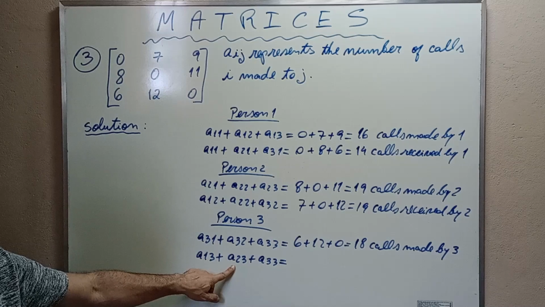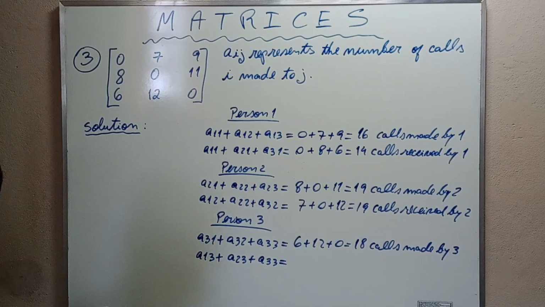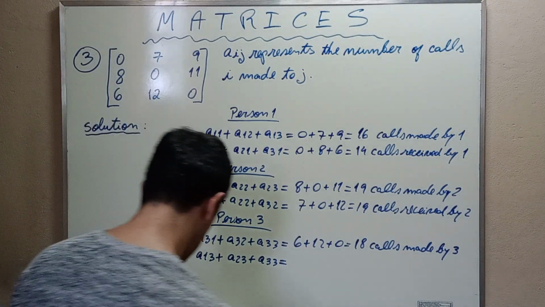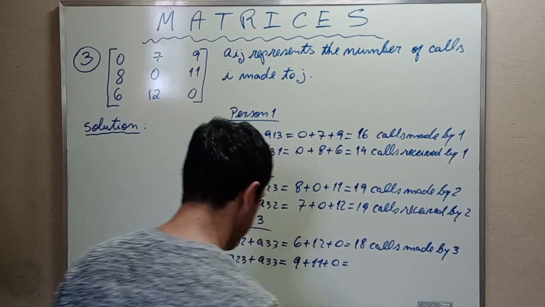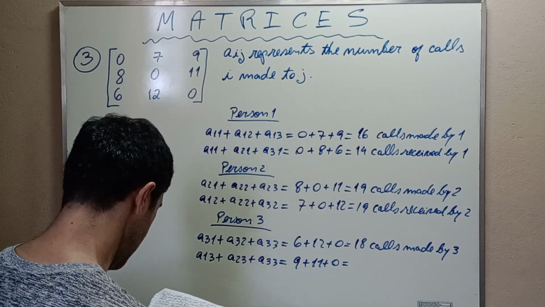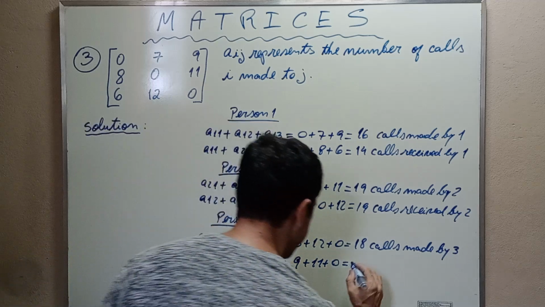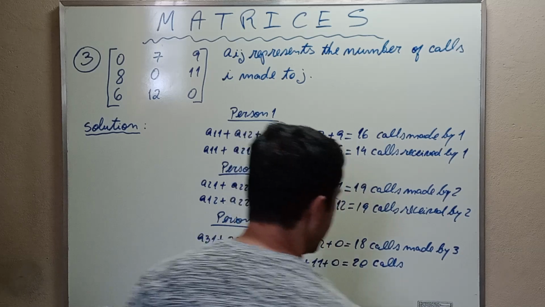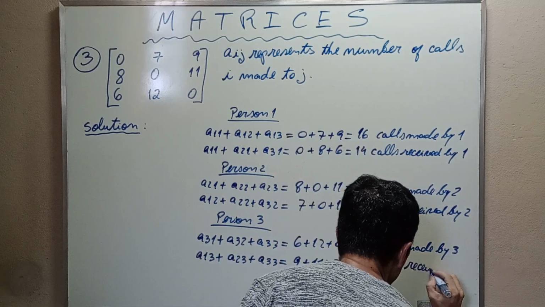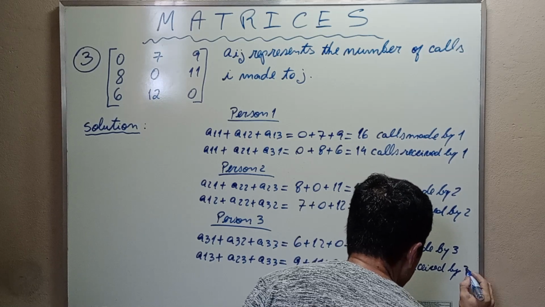A23 is the number of phone calls made by 2 and received by 3, and A33 is 0. Then it is 9 plus 11 plus 0, and this is equal to 20 calls received by 3.